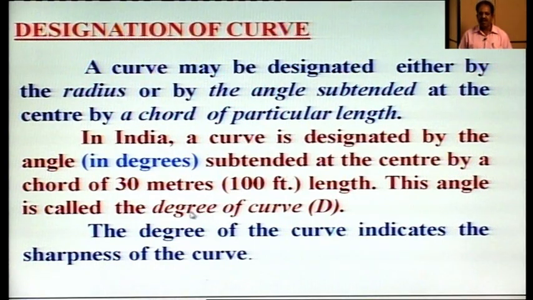This angle is called the degree of curve. So, please remember, in India we designate the curve by the angle subtended at the center by a chord of 30 meters or 100 feet, and this angle is called the degree of curve. The degree of the curve indicates the sharpness of the curve, that is, how sharp our curve is.